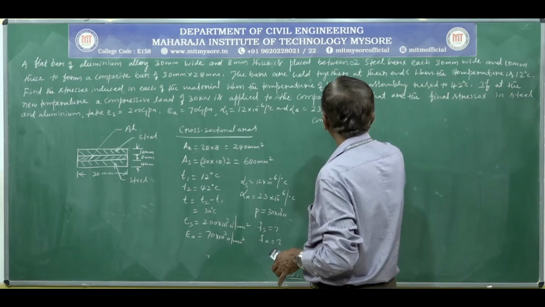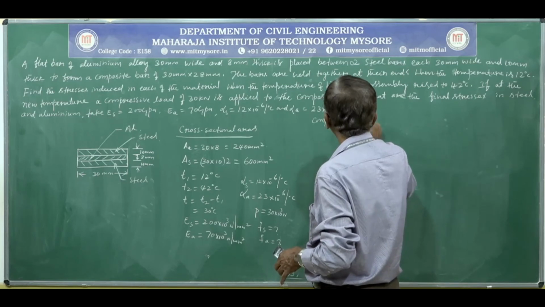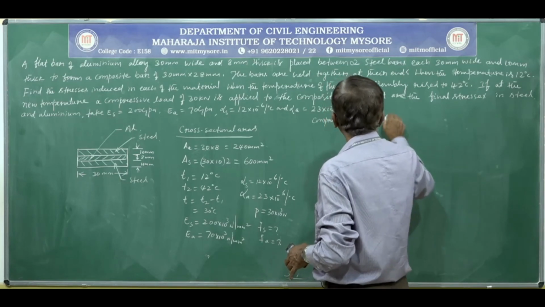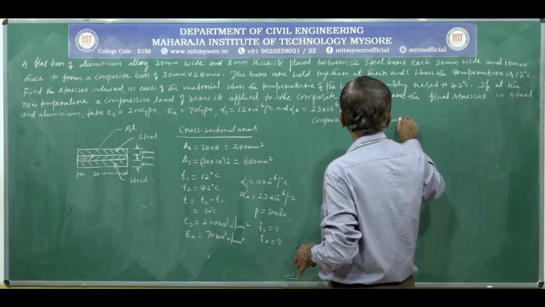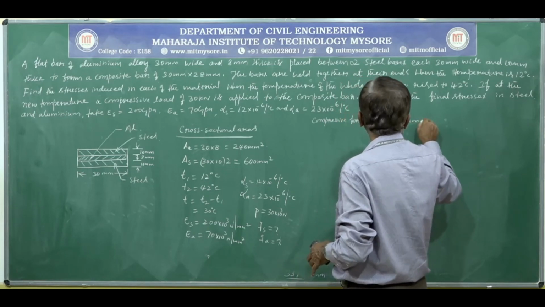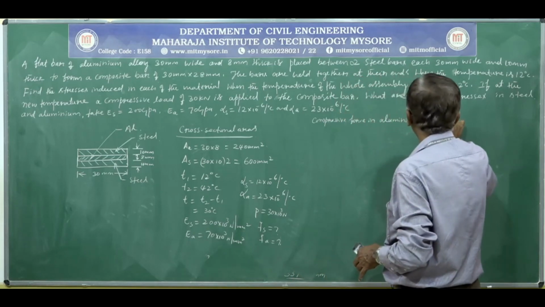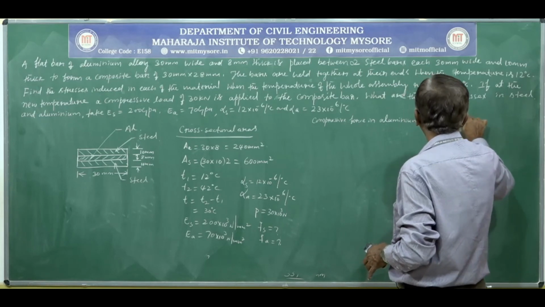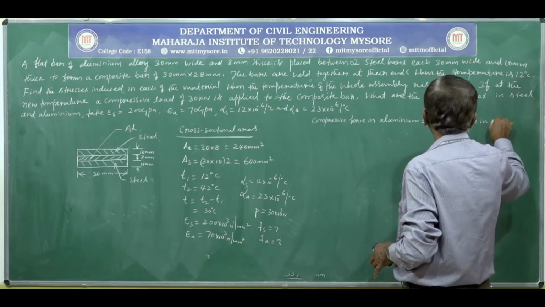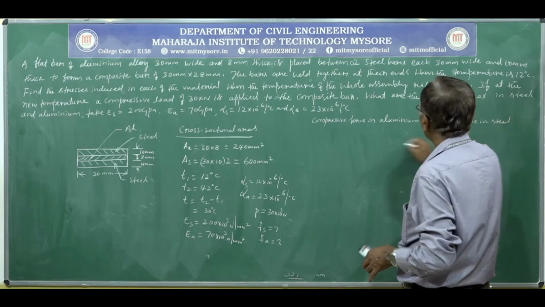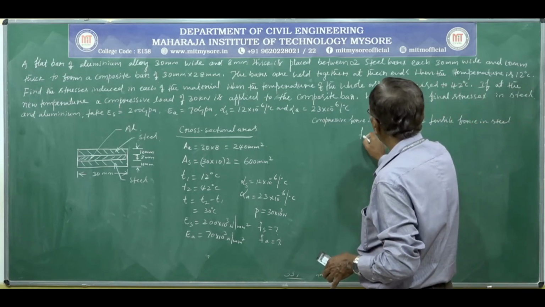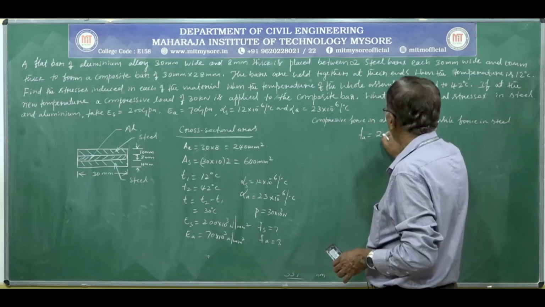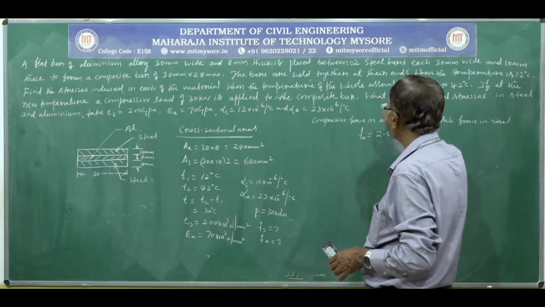Compressive force in aluminum is equal to tensile force in steel. Therefore, Fa is equal to 2.5 times of Fs.